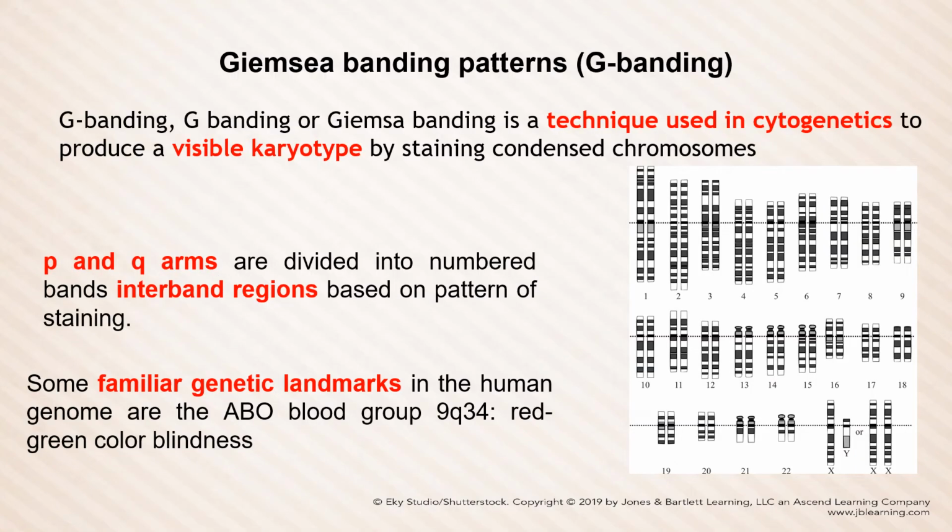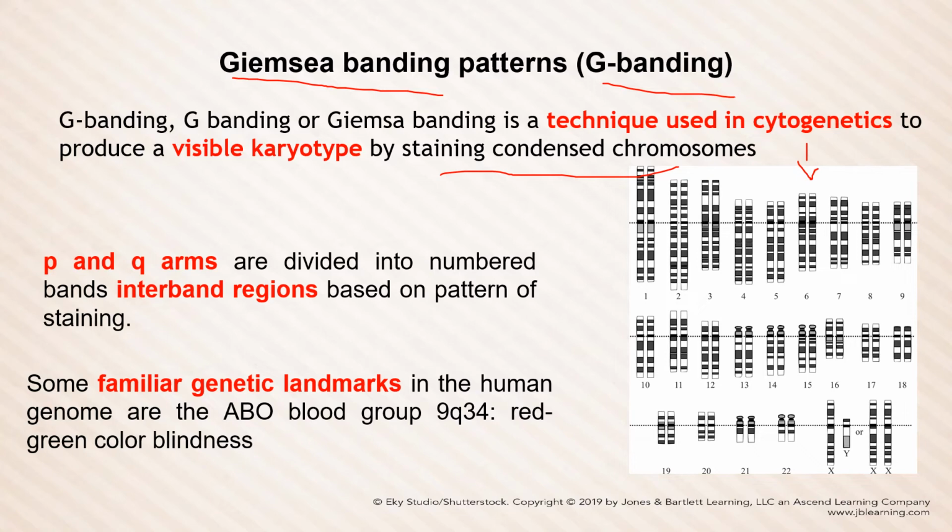So again, this is the type of staining that I was talking about in the previous slide, the G banding, and here you can see a schematic of what you will observe. Again, this is a technique in cytogenetics that is much cheaper than molecular biology, and is still useful. It's used to stain condensed chromosomes, so chromosomes during metaphase.